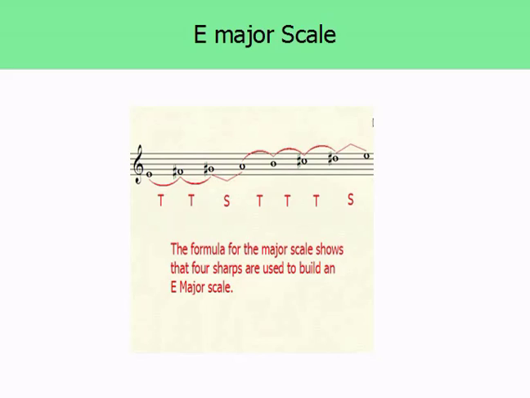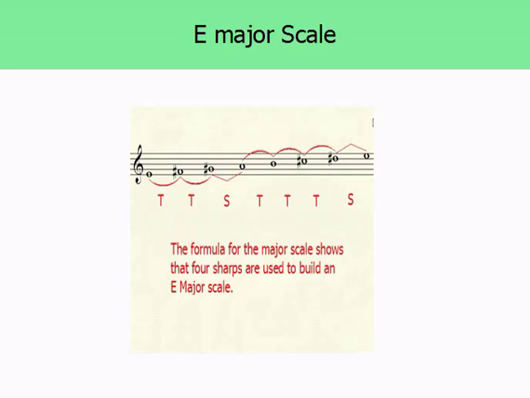So one whole step, one tone from E to F sharp, another tone from F sharp to G sharp, a semitone from G sharp to A, a whole tone from A to B, from B to C sharp, from C sharp to D sharp, and then a semitone from D sharp to E.